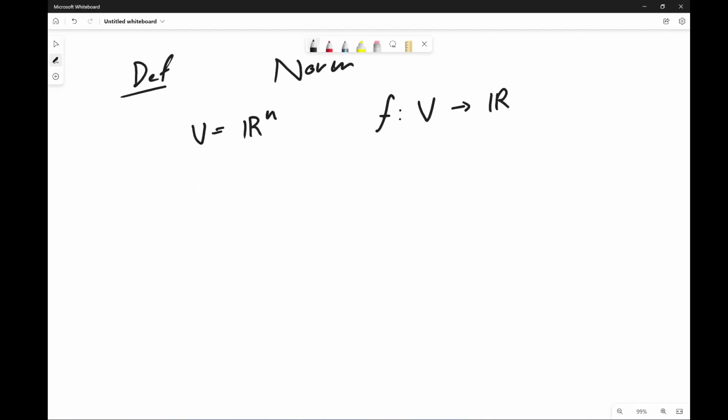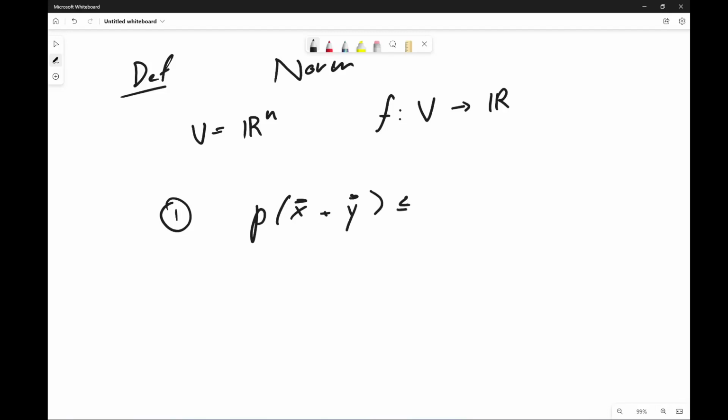The properties associated with norm are, first, the additive property or triangle inequality. We have two arbitrary vectors, x and y.